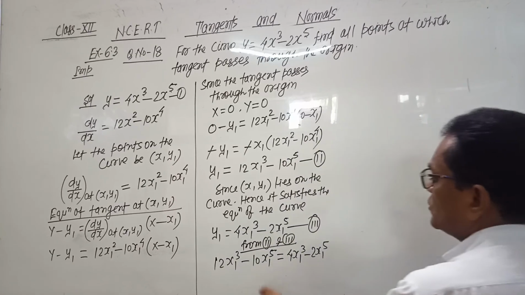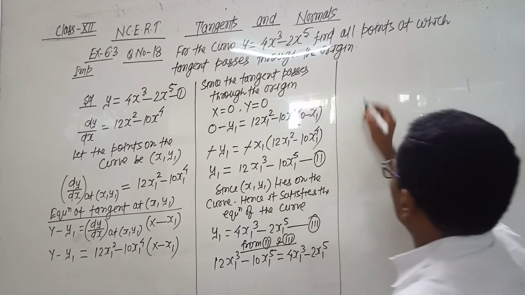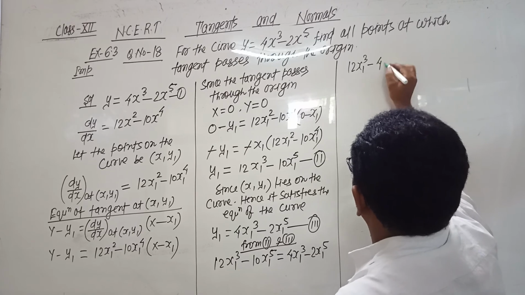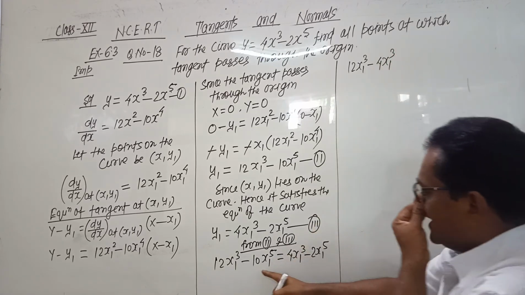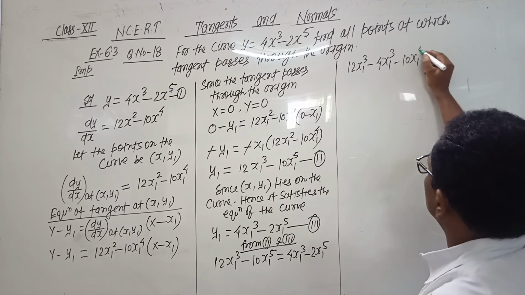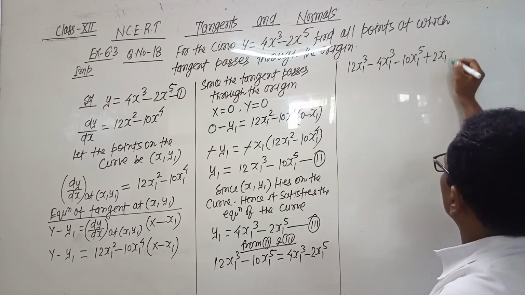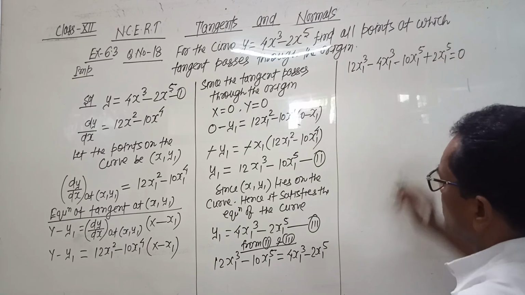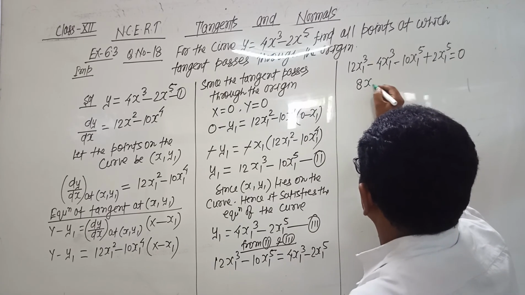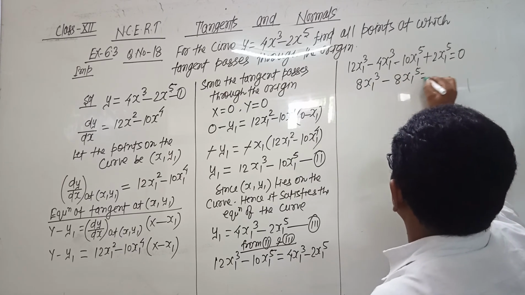So 12x1 cube minus 4x1 cube, and minus 10x1 raised to the power 5 plus 2x1 raised to the power 5 go to the left side, and this whole equals 0. So 12 minus 4, 8x1 cube, and minus 8x1 raised to the power 5 equals 0.